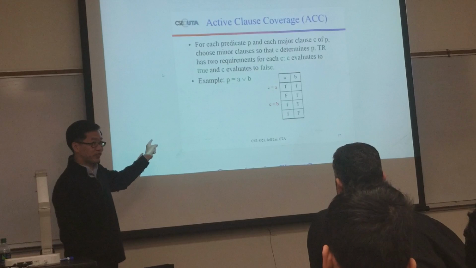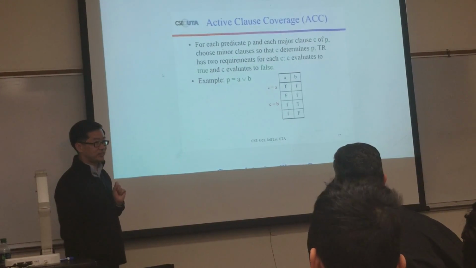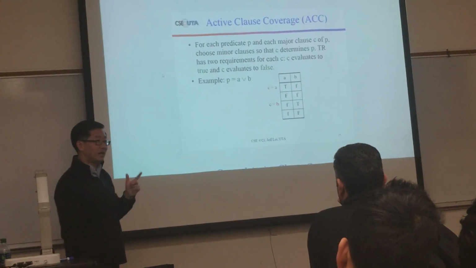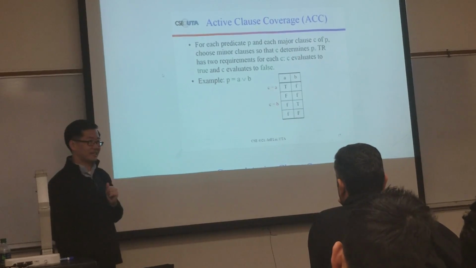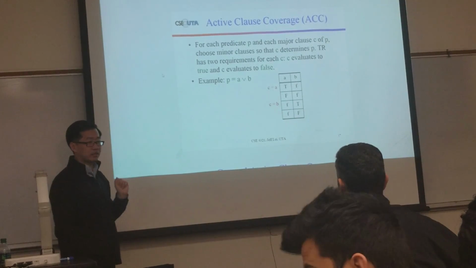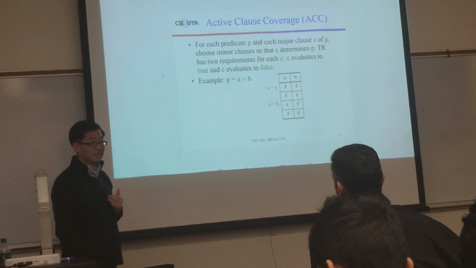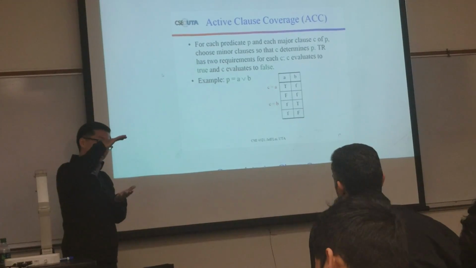That is different from predicate coverage and clause coverage, which will only need two test cases. So you can see active clause coverage will require more test cases than predicate and clause coverage, but will require a lot fewer test cases than the exhaustive coverage. So it's going to be in the middle.